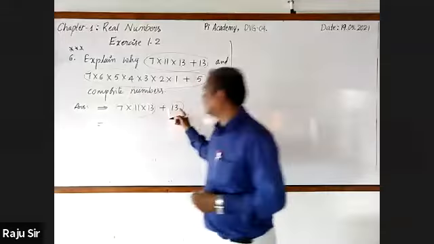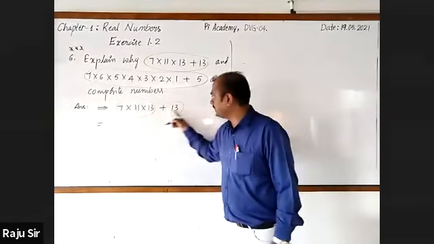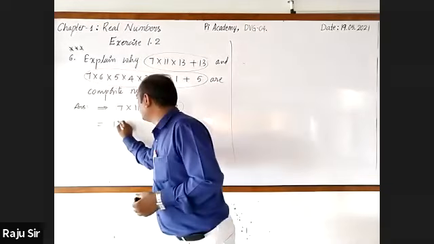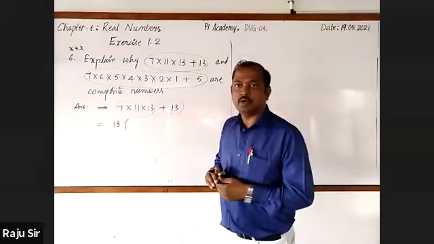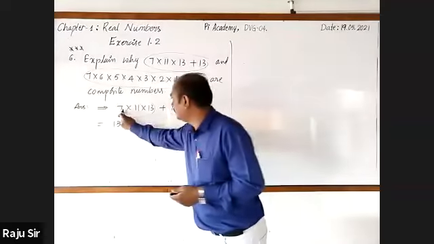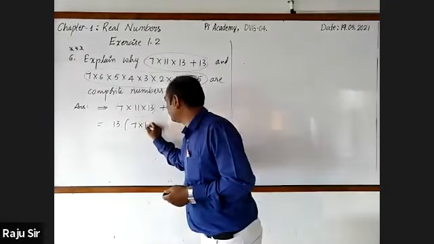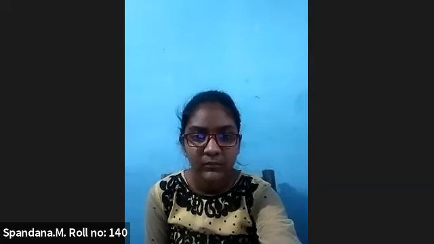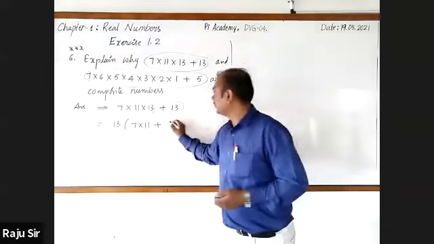In these 2 terms, you can also notice that 13 is a common factor. So here I'll write 13 into, on taking 13 as a common factor, 7 into 11 in the first term, plus, as it is, 13 divided by 13, how much is that? 1.